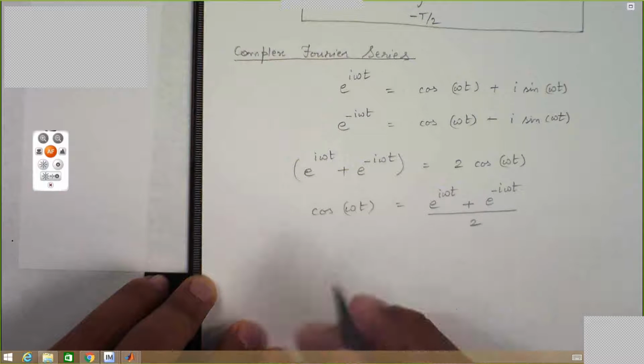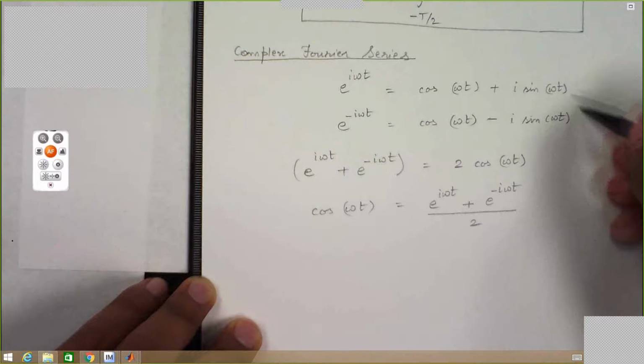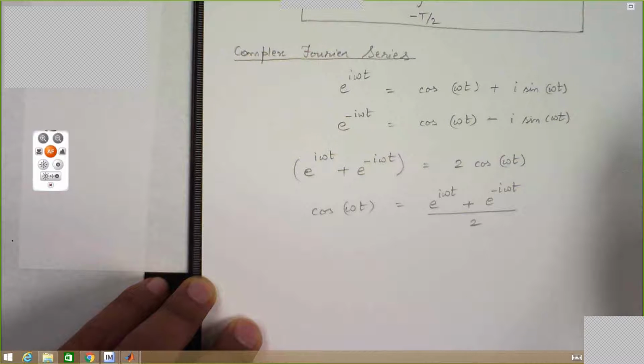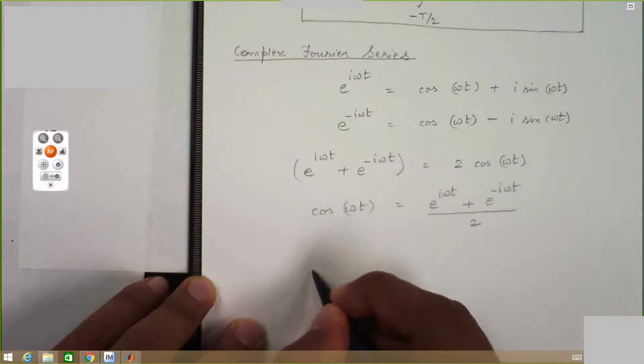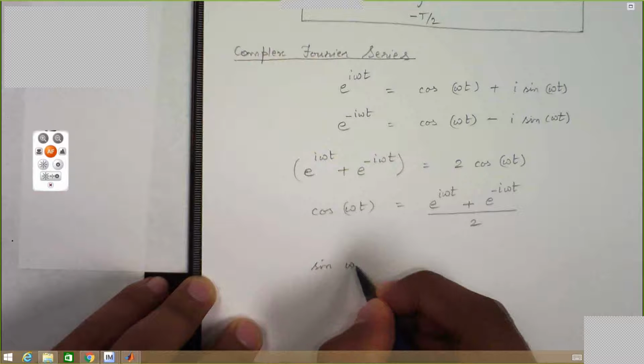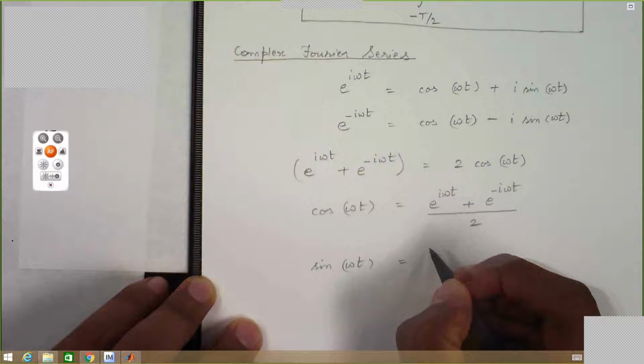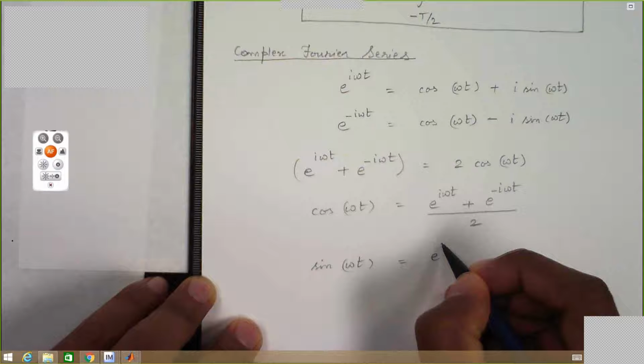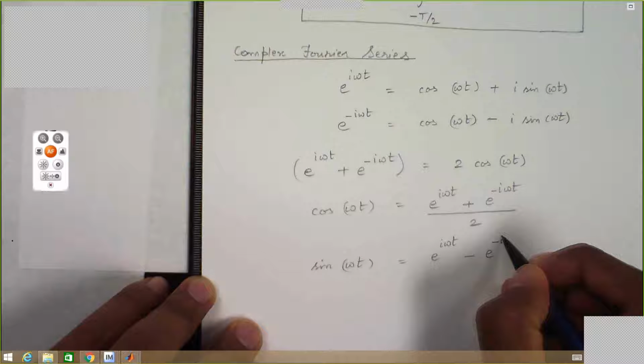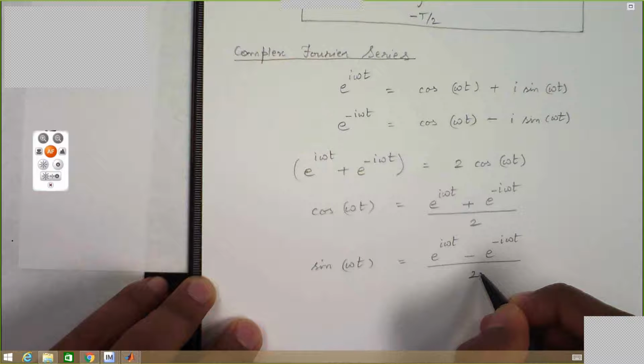Similarly, if instead of adding the two together, we subtracted one from the other, we would get an expression for sine of omega t, given as e to the power i omega t minus e to the power minus i omega t, divided by 2 times i.